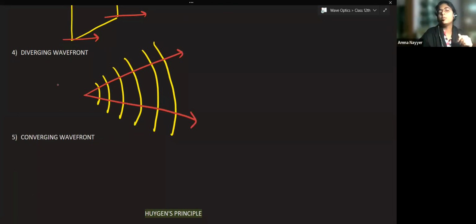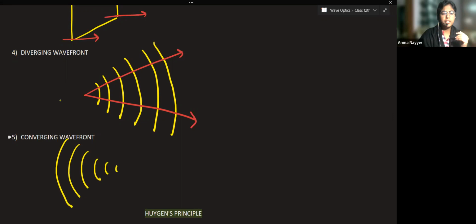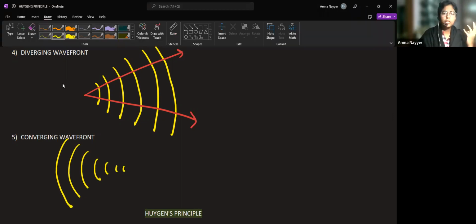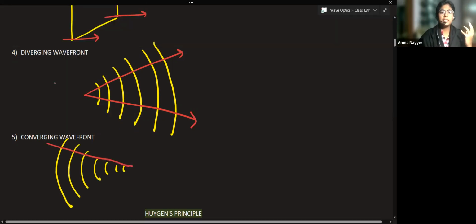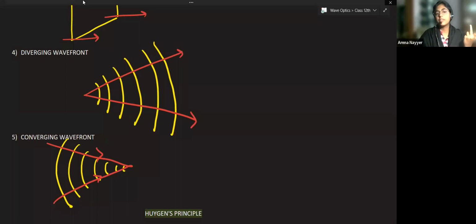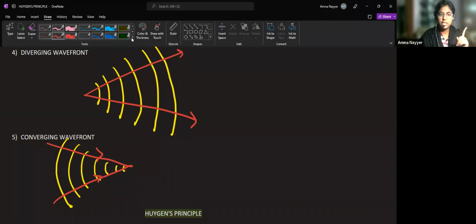So from this you can remember that all these convex parts that you were obtaining were diverging wavefronts. Same thing if you take the opposite of it, like this, if all these wavefronts are getting converged at a point, then the rays also will get converged at a point. These wavefronts are known as converging wavefronts.